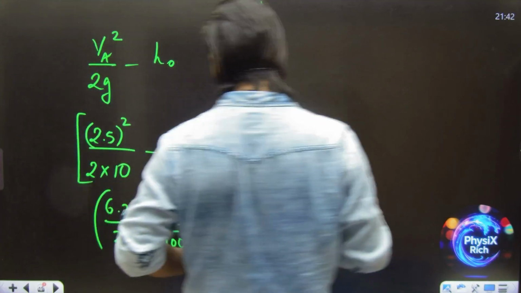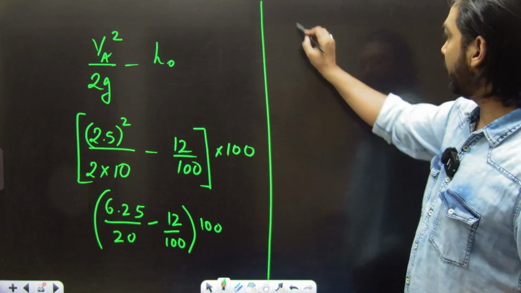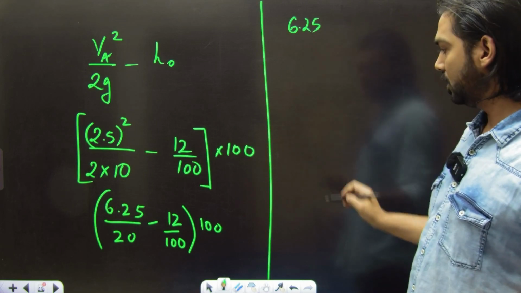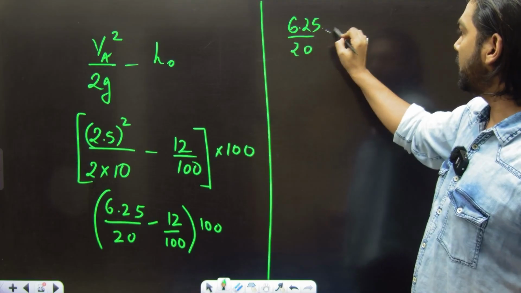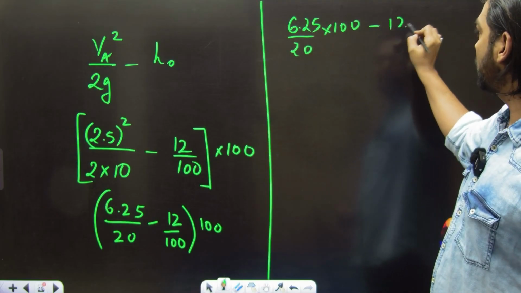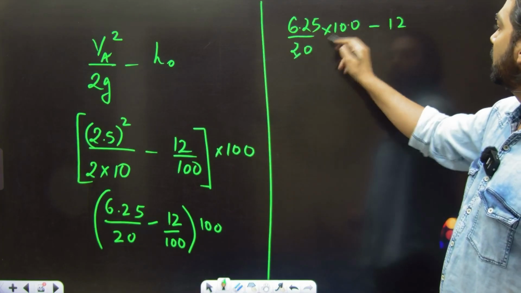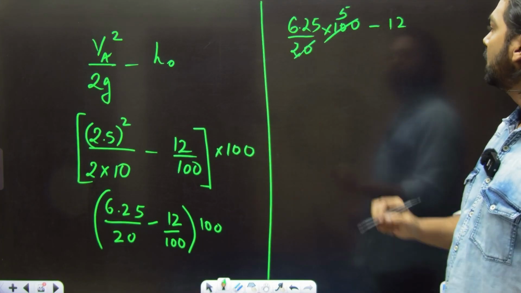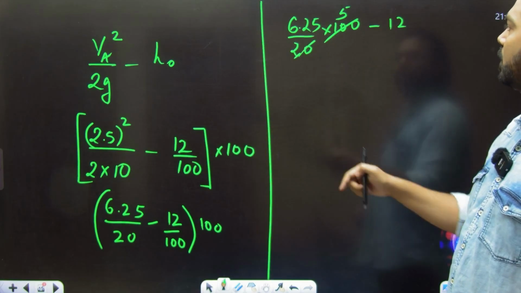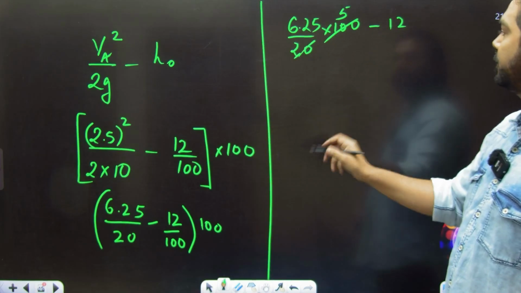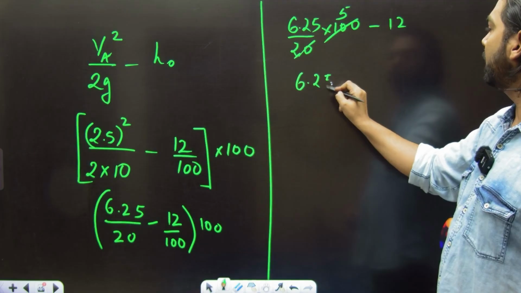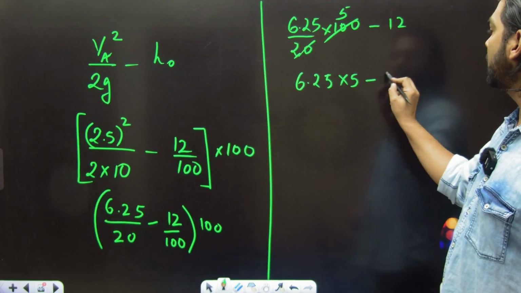And if we solve it further, what do we get? We get 6.25 divided by 20 times 100 minus 12. This 100 and this 100 will get cancelled. This 20 and this 100 will get cancelled with 5. And I have 6.25 times 5 minus 12.